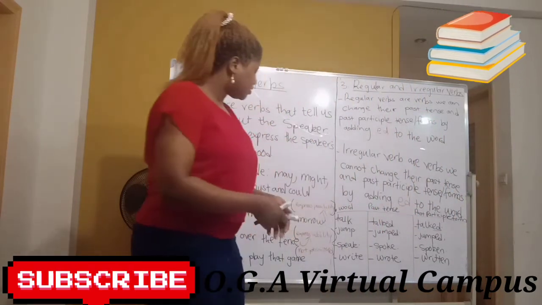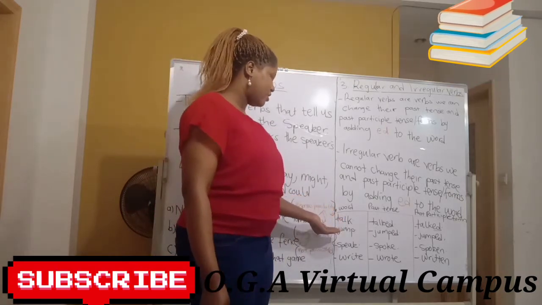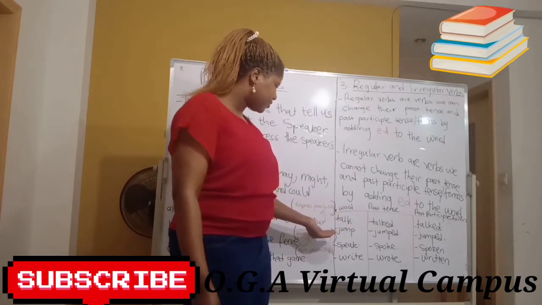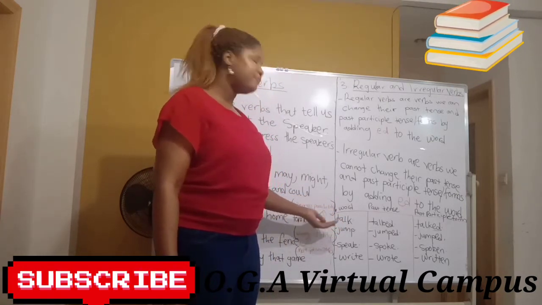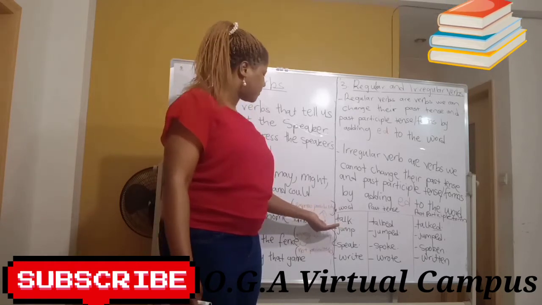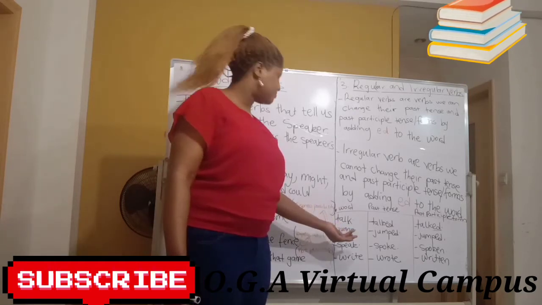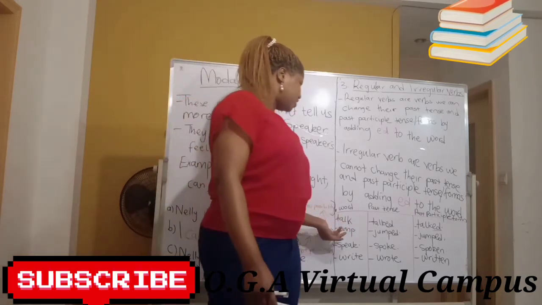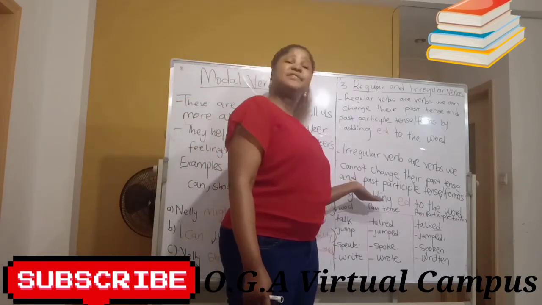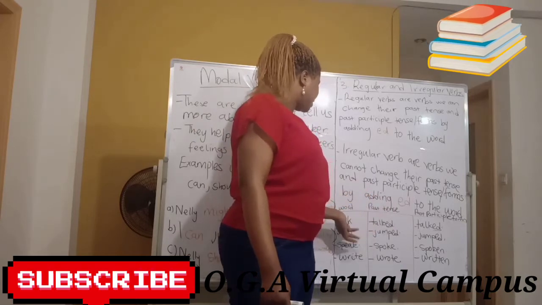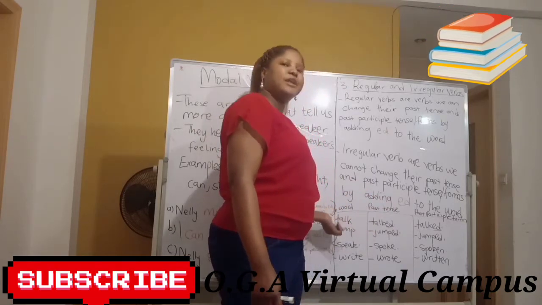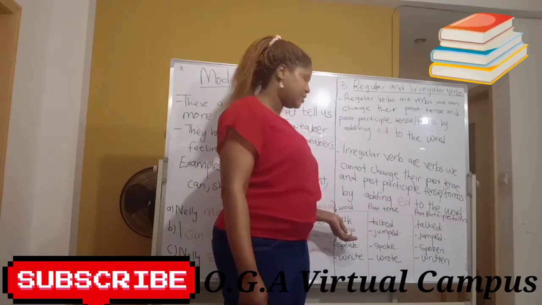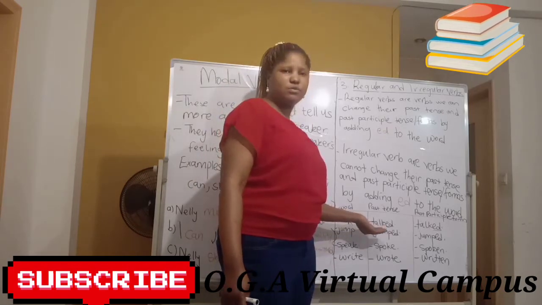Now, let's look at some of the examples that I've prepared for you here. We have speak. The verb is speak. Now, for us to change speak to past tense, we need to change the spelling of the word to spoke.